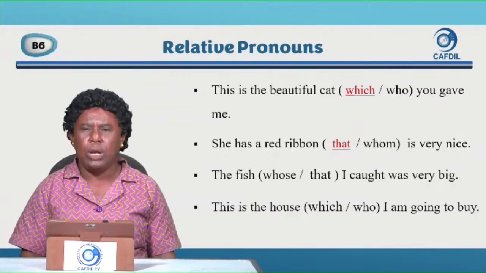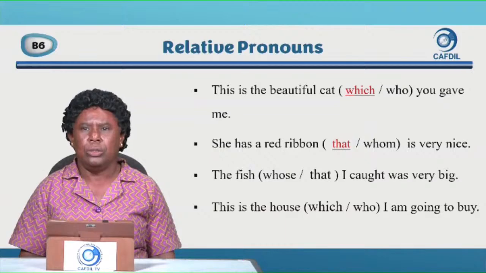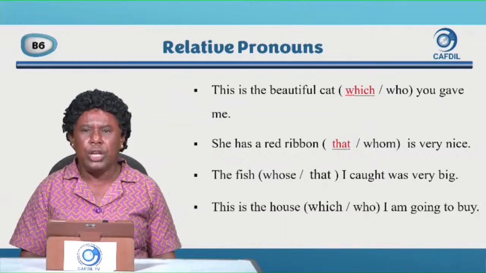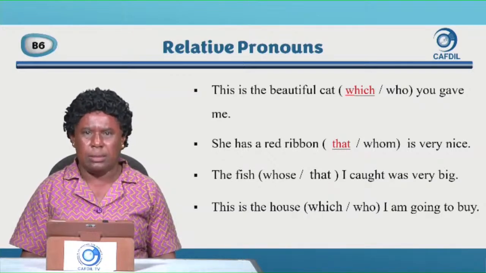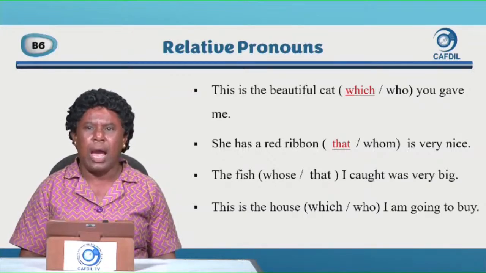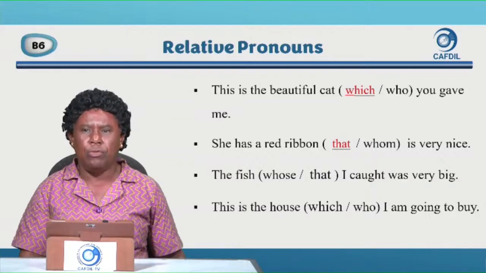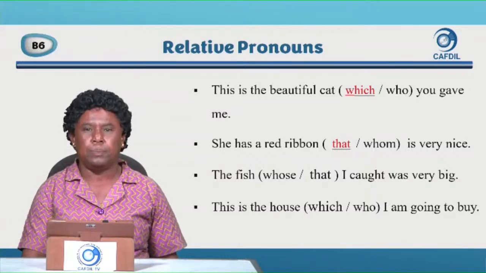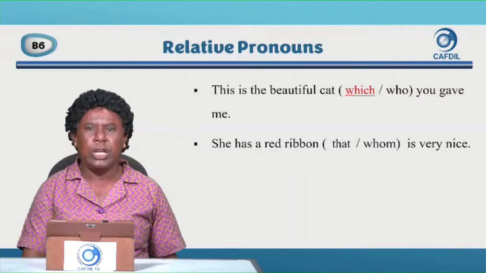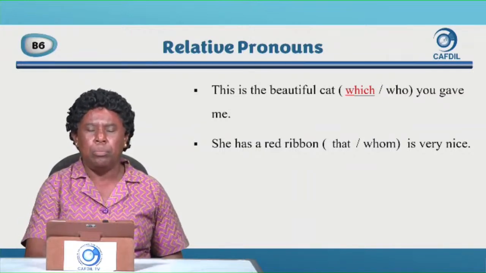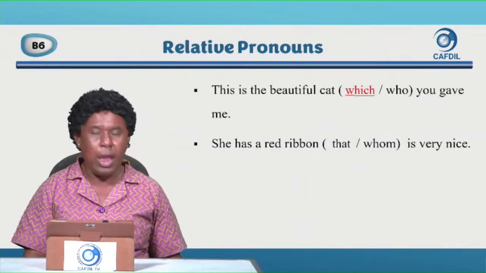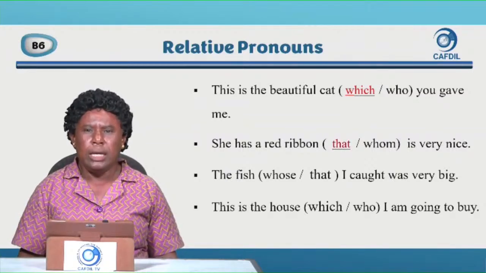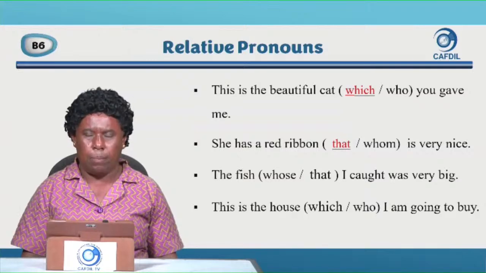This is a beautiful cat which you gave me. She has a red ribbon that is very nice. And the fish that I caught was very big. And then this is the house which I'm going to buy.